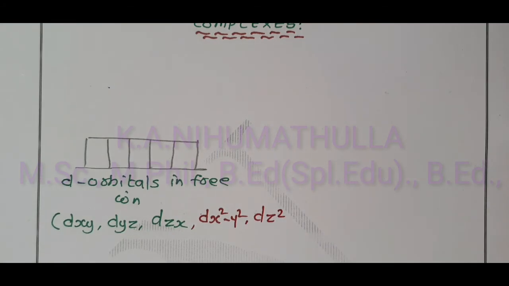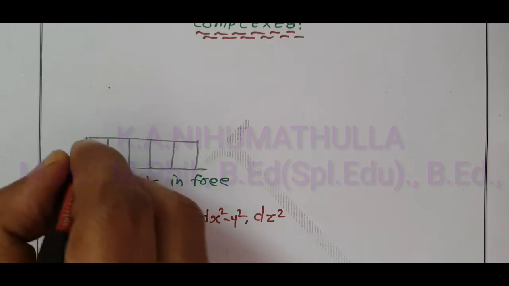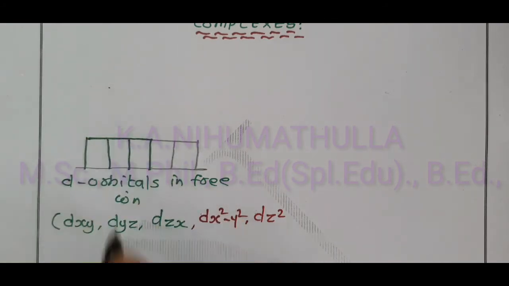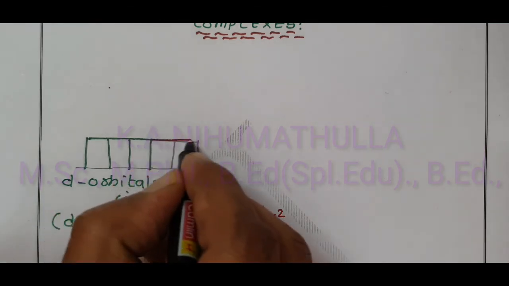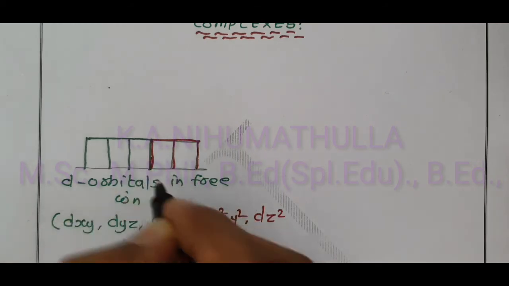So first these 3 orbitals, dxy, dyz, dzx are present between the axis. The other two orbitals, dx squared minus y squared and dz squared, are present along the axis.